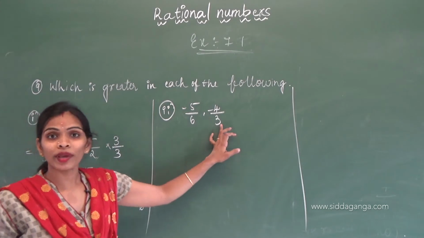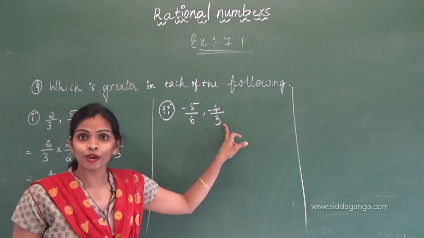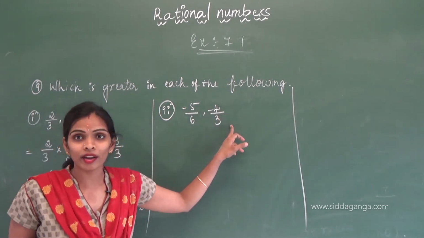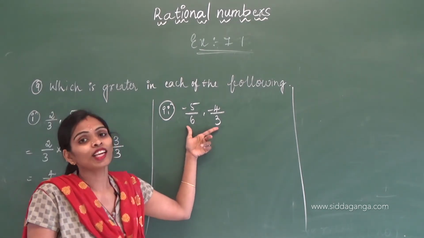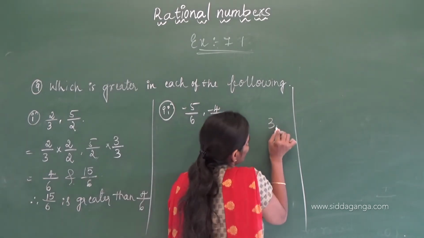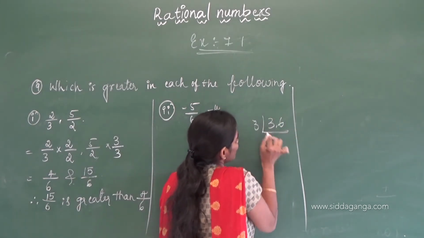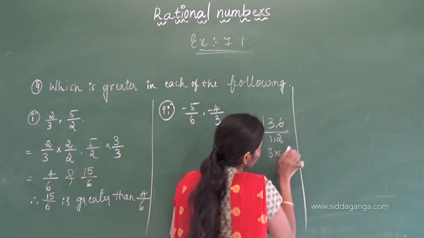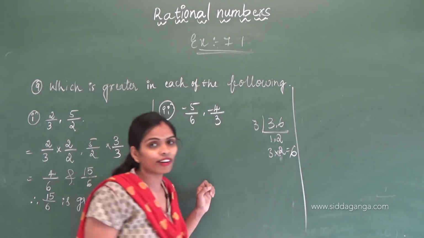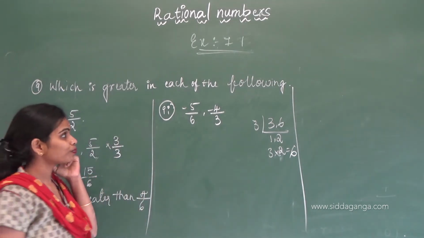We can make the denominators the same by multiplying numerator and denominator with 6, otherwise if you take the LCM between 3 and 6, 3 2s are 6 will be the LCM for 3 and 6.